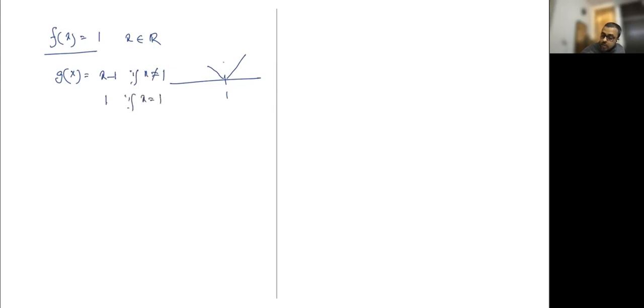let's see. So the limit of f(x) as x goes to 0, let's say this is 1. The limit of g(x) as x goes to 1, this limit is 0.